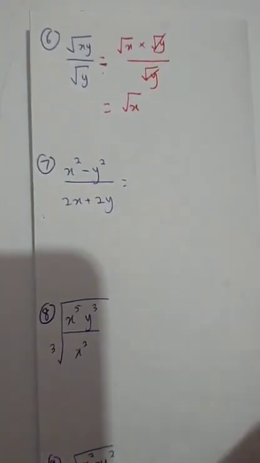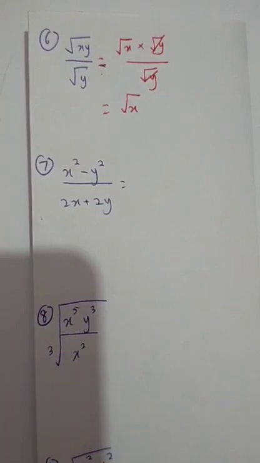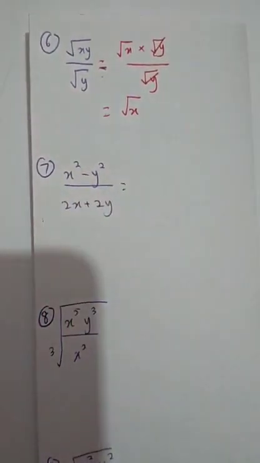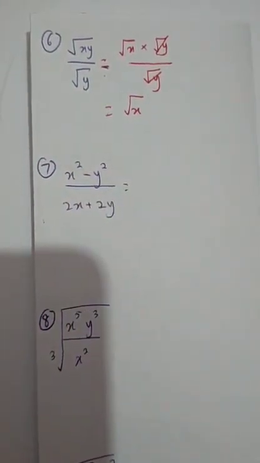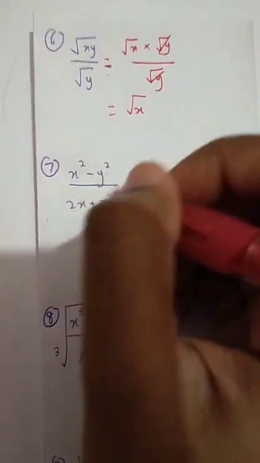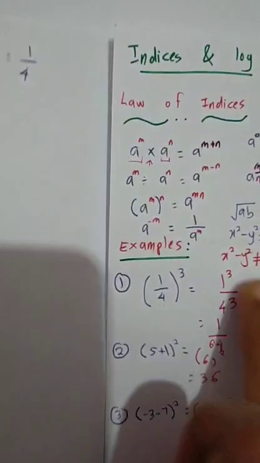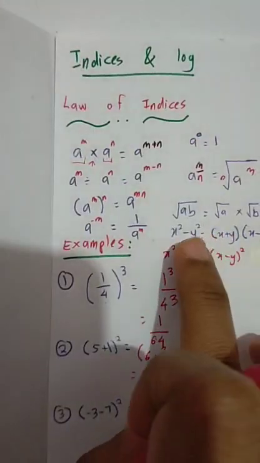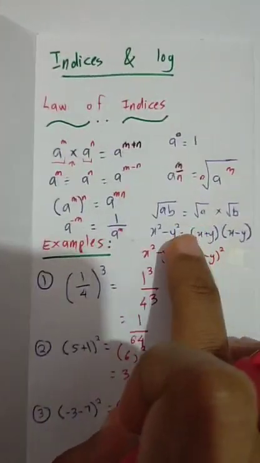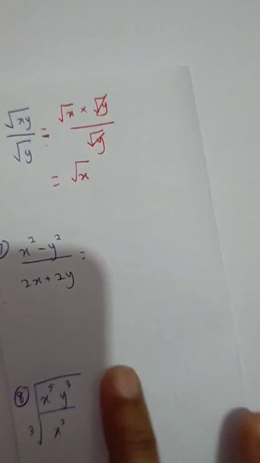Okay, next thing. Let's say the question asks you to simplify this one. You know that x squared minus y squared is equal to (x + y)(x - y).